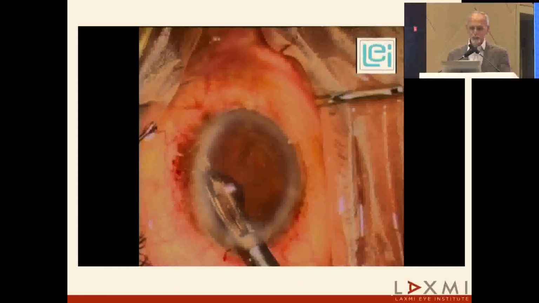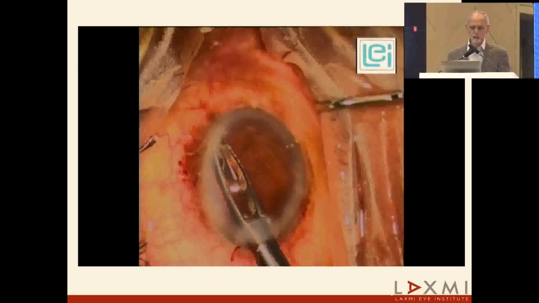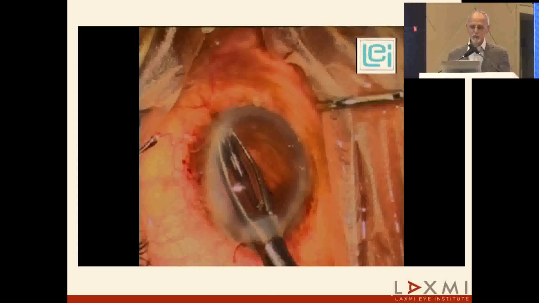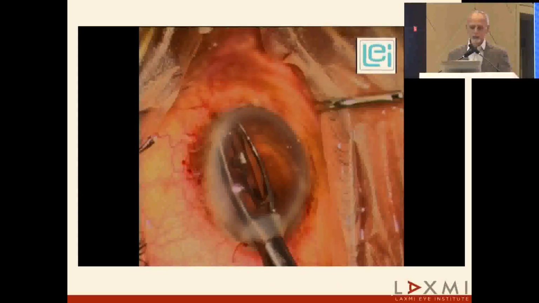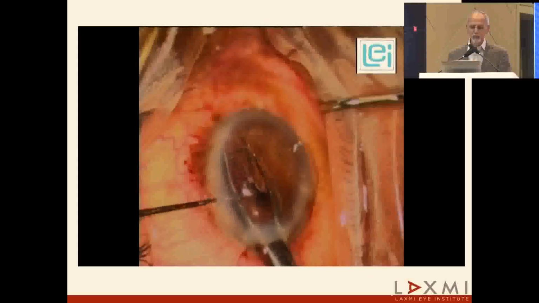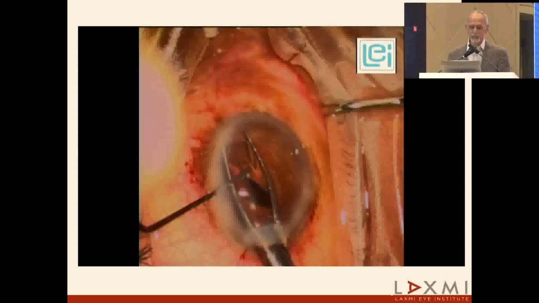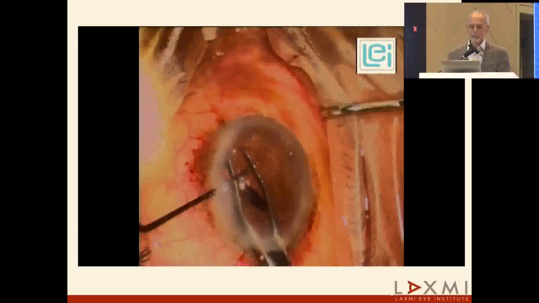Constricted pupil is there, so your haptics are pushed back into the pupil, and the folder is released, the forceps is released, so the optic gets caught in front of the iris and the haptics have gone behind.